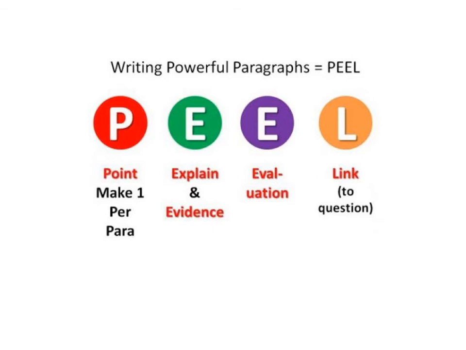Make sure that that point is explained fully and linked to sociological evidence. Make sure that what you're saying is explicitly linked back to the claim in the question, and then also make sure that you include some explicit evaluation of the arguments and evidence that you are presenting in the paragraph. So think about specific strengths or specific weaknesses of the argument that you're presenting.